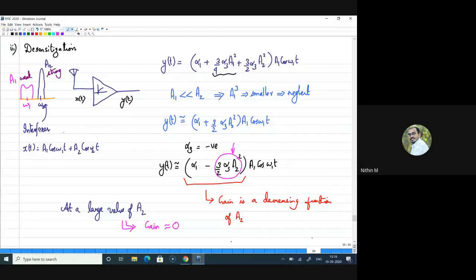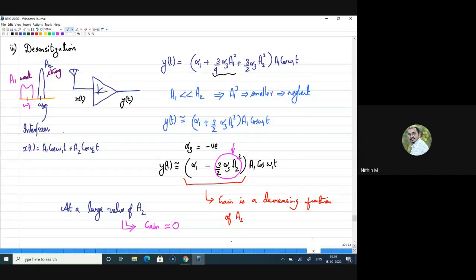This specific condition, when an interferer comes in and its amplitude becomes sufficiently large, the gain dropping down to 0, is otherwise called desensitization. Why? Because this interferer signal is desensitizing the main circuit, since the desired signal is not getting amplified, and the gain of the system is desensitized by the interferer signal.